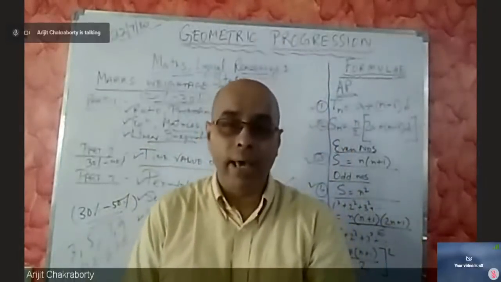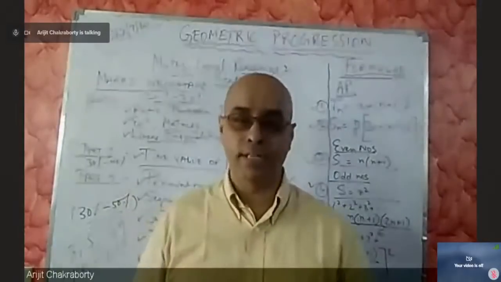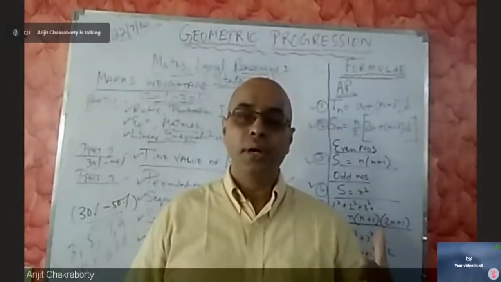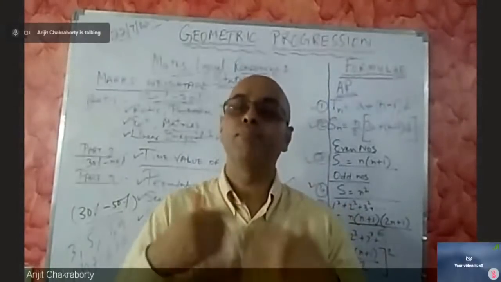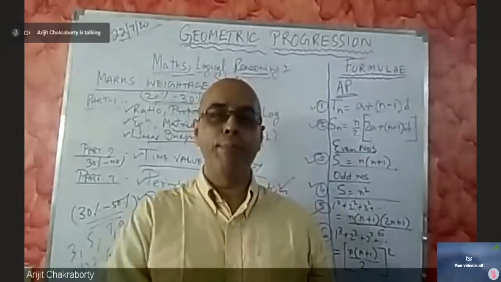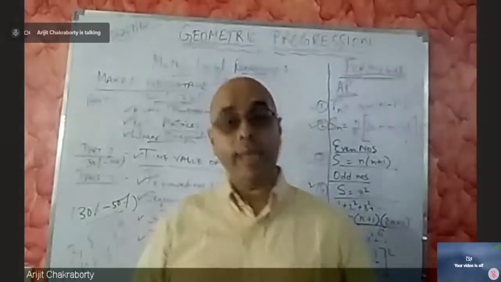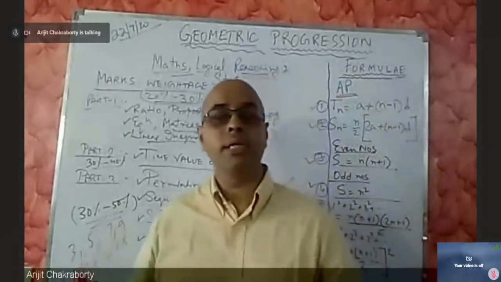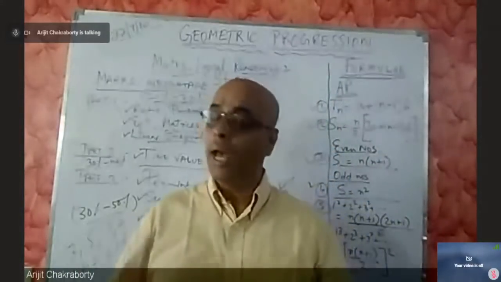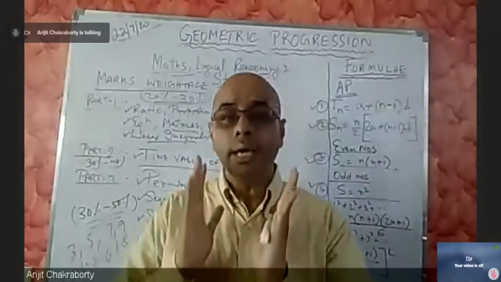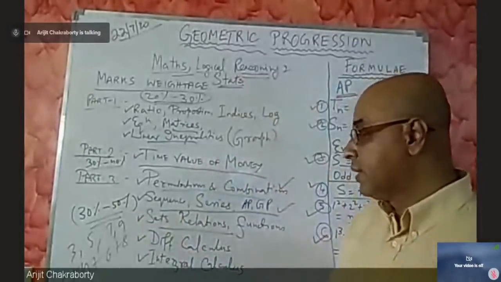When you want to compare the returns of 2 investments, you need to know the structure, the trend, the order, the pattern. So you need to know AP and GP. Similarly, calculus is important because it helps us in analyzing marginal cost and marginal revenue, and these will be included in this particular part.